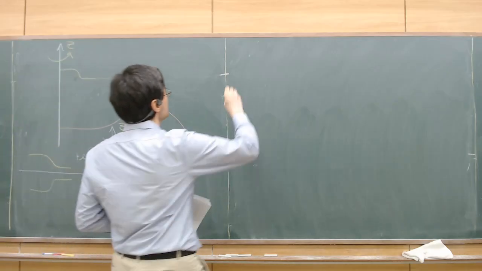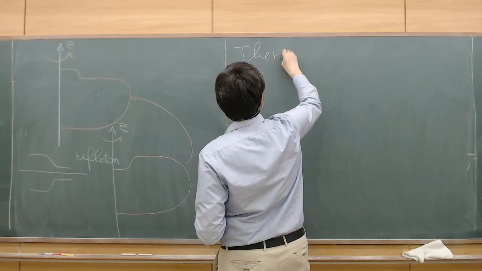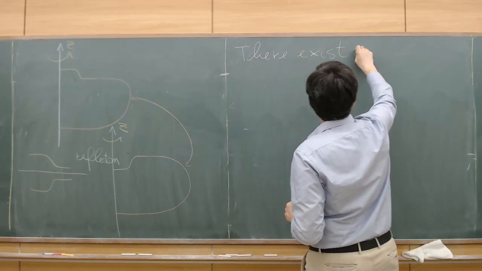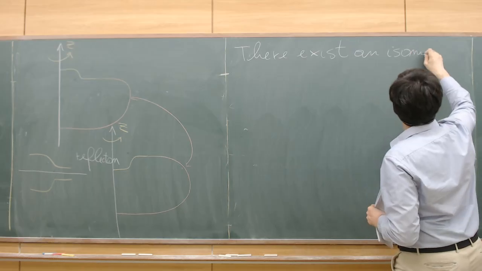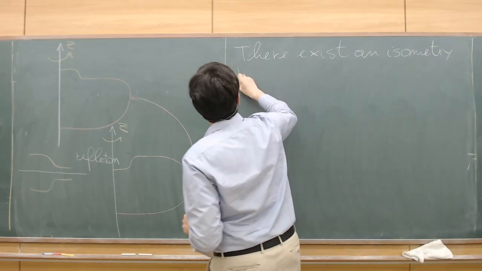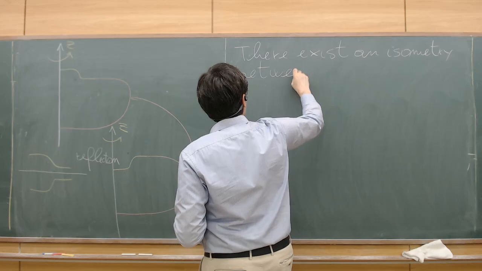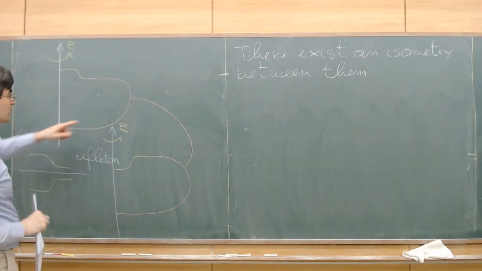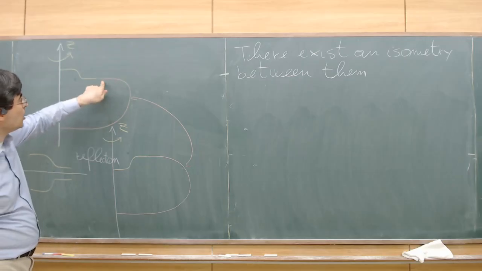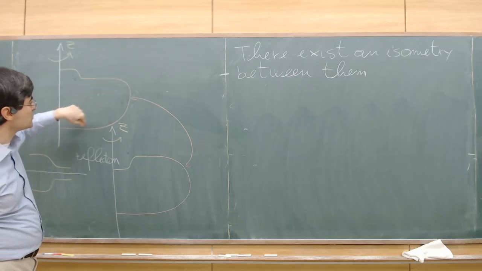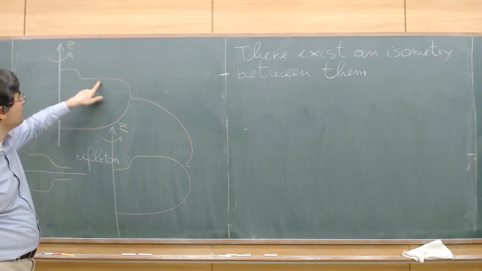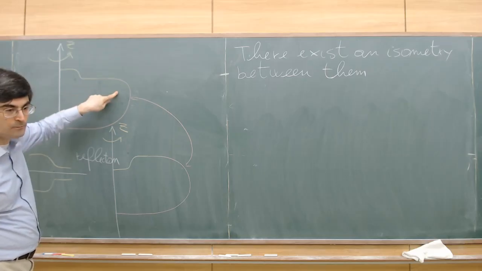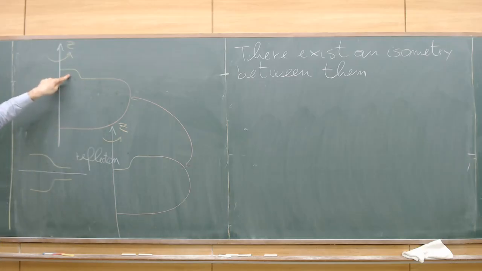We can say that there exists an isometry between them which is the identity on the part of surface which is generated by the red portion of curve, and it's a rigid motion on the yellow part.